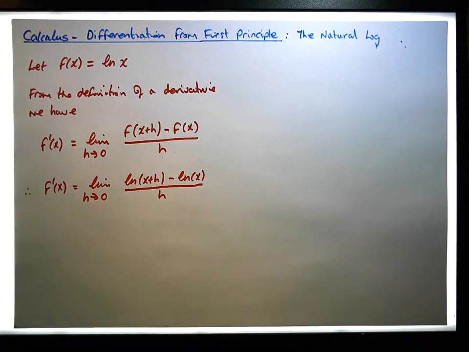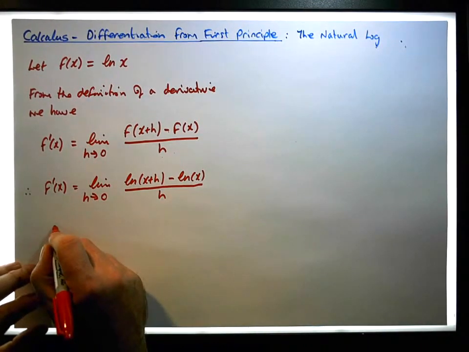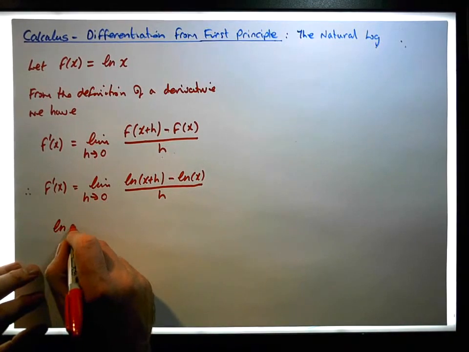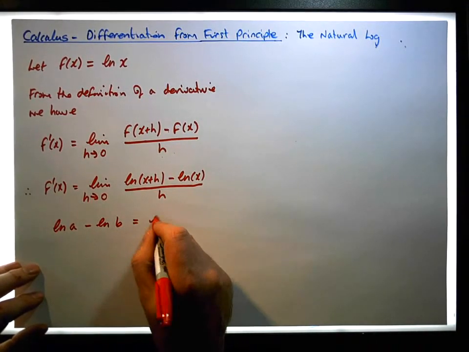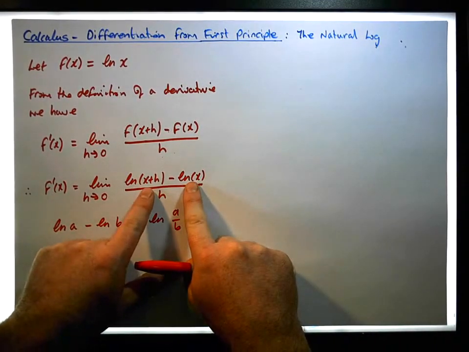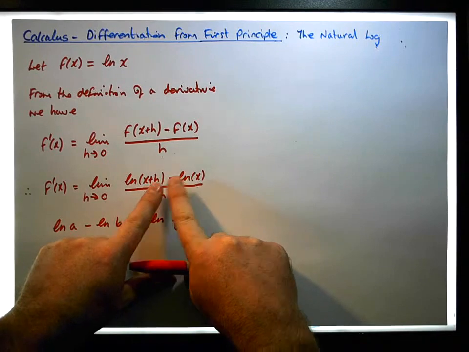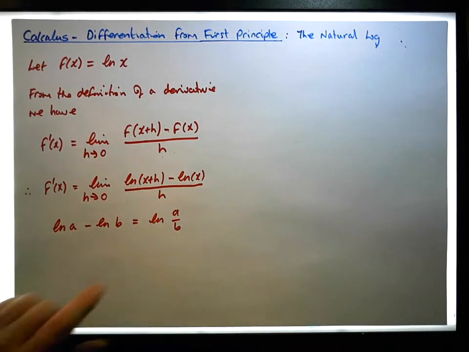Now we know the properties of logarithms, where the natural logarithm of a minus the natural logarithm of b is the same as the natural logarithm of a over b. So we can recombine these two natural logarithms into the natural logarithm of a quotient.